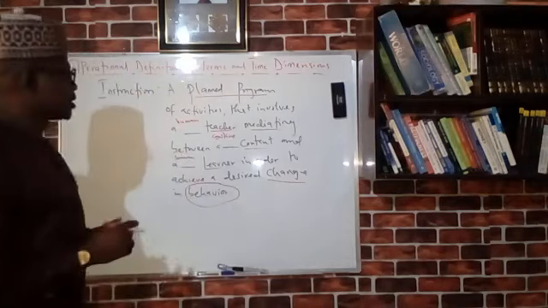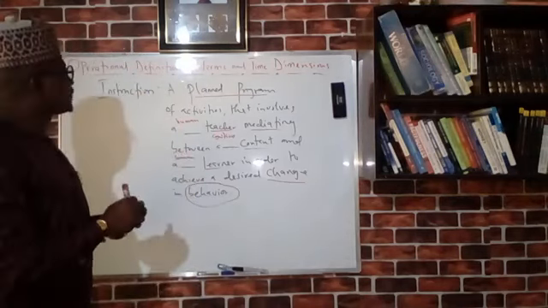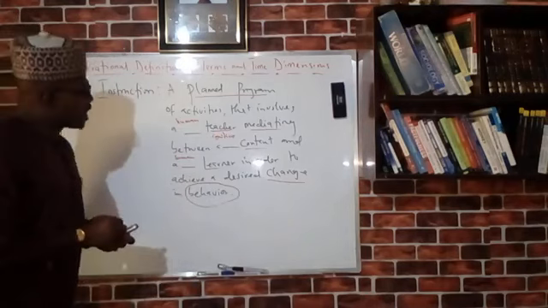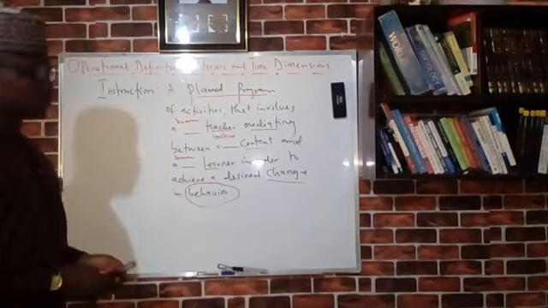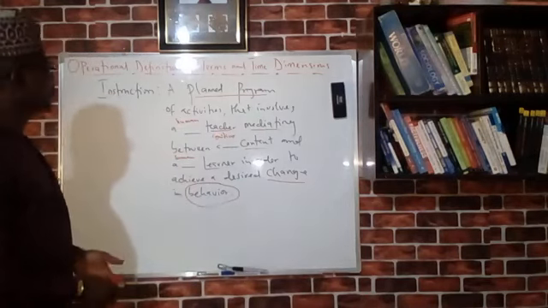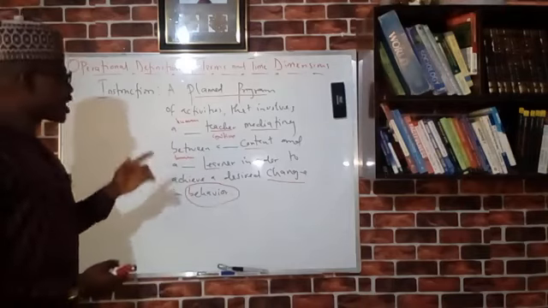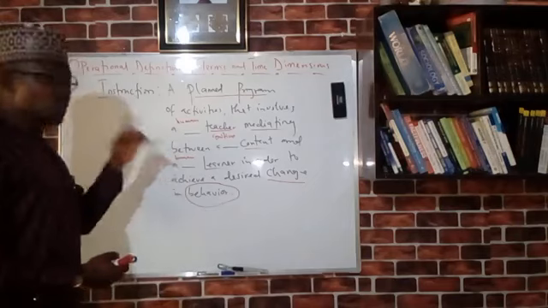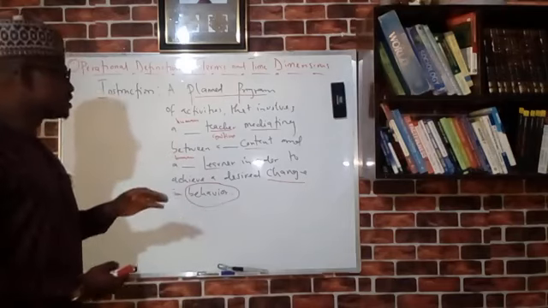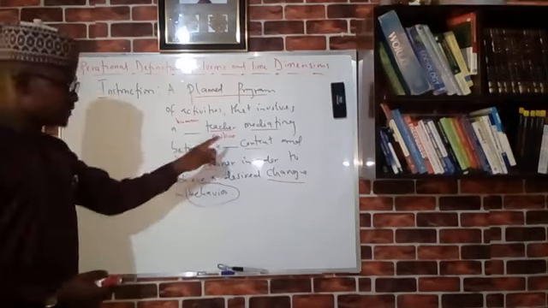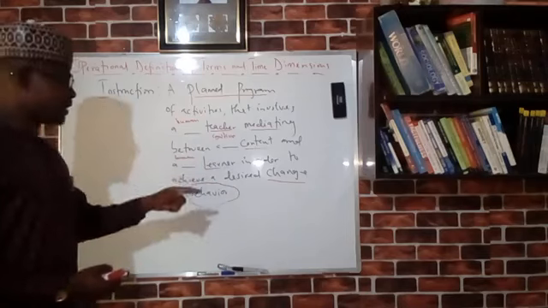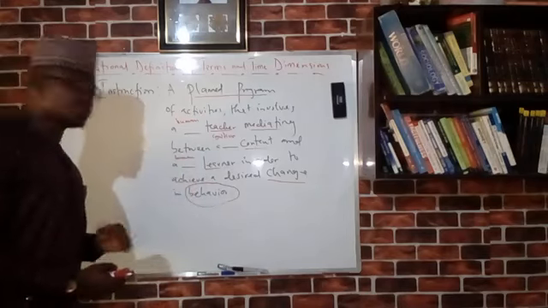If you look at this, you now begin to appreciate their position. For example, going over the definition again, instruction becomes a planned program of activities that involves a human teacher mediating between a cognitive content and a human learner in order to achieve a desired change in behavior.